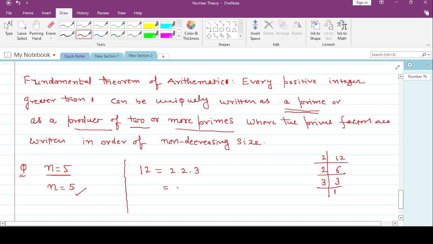So 2 into 2 means 2 raised to the power 2, and here it is 3 raised to the power 1. So you see that here I have expressed this 12 as a product of primes, and these numbers are written in the increasing order. First of all, I have written 2 and then 3. Now we take one more example.